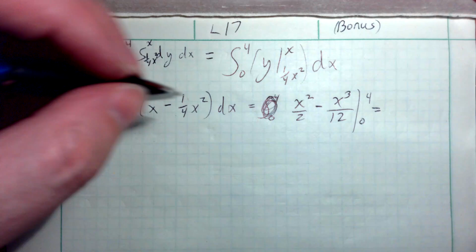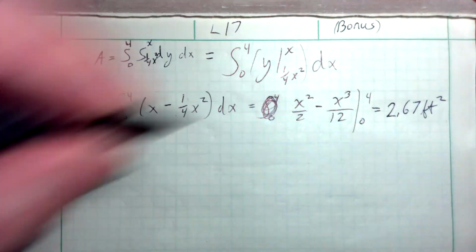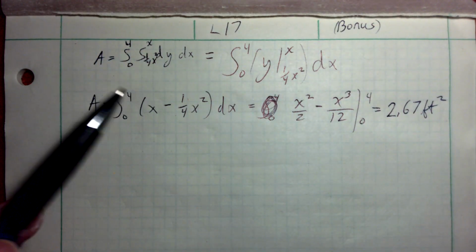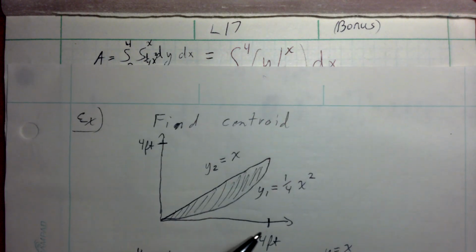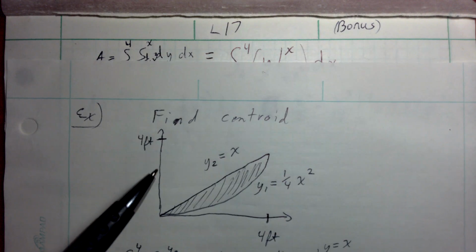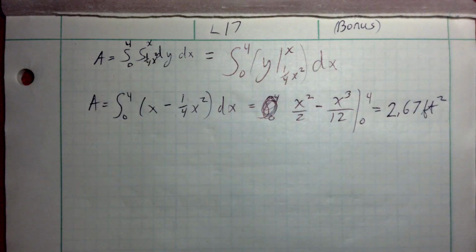Well, if we plug in the 4, I have written down here a number, 2.67, and if we'd carried our units around, we would get square feet. That's area. This region goes from 0 to 4 feet on x and from 0 to 4 feet on y, so this area is in square feet. And this is how you would find that area.